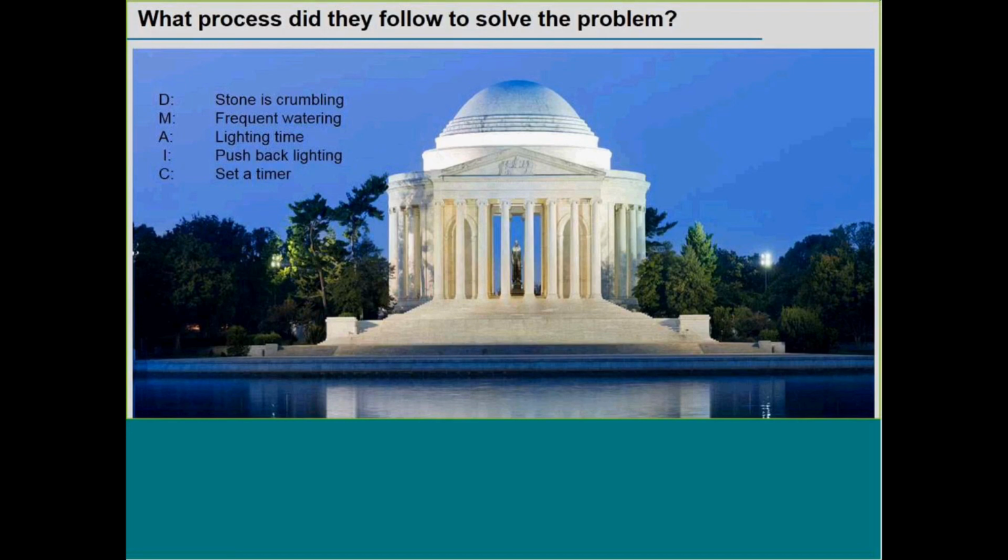But if you work through the problem, if you ask yourself why are we doing this? Why are we doing that? In any situation, if you get down to the root cause of a particular issue, you might be shocked at what is actually causing a particular problem.